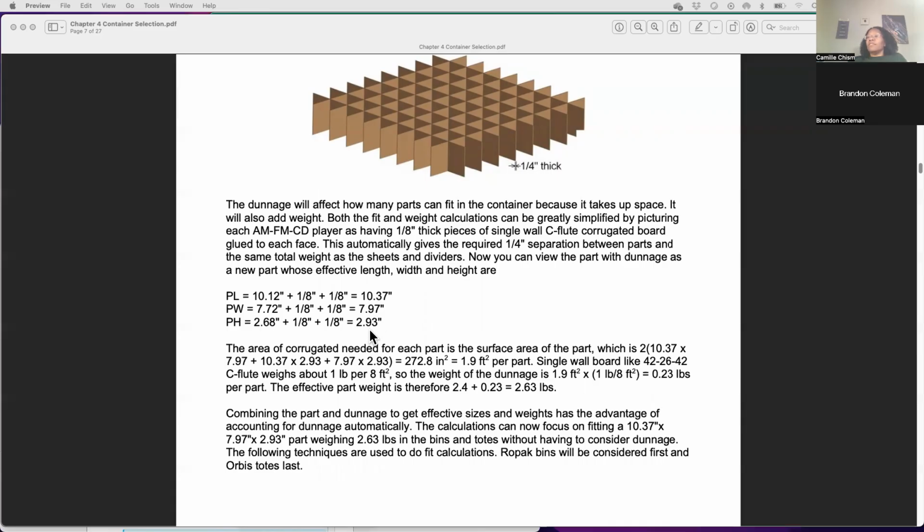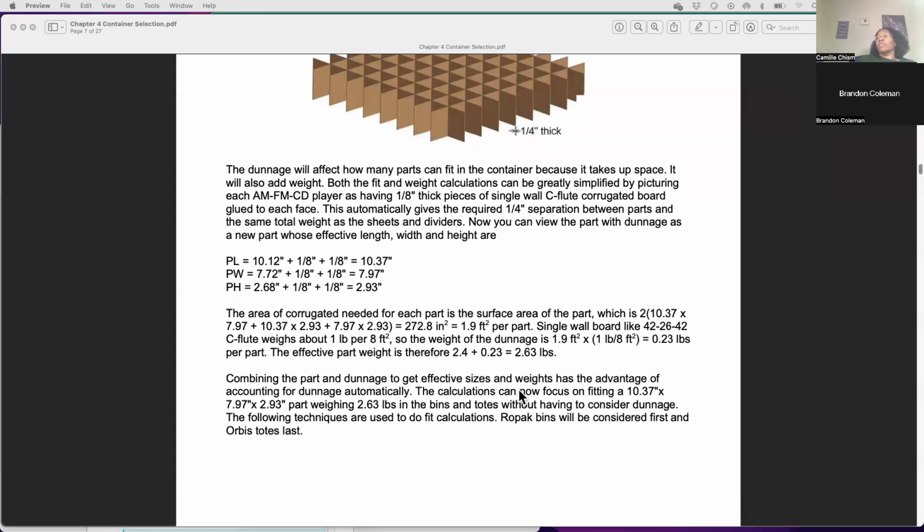So you are basically calculating the area. So now you've got basically your square footage. You did the inches and you converted it to square feet. So this also tells you how you calculate the weight of the dunnage. And you're coming up with 2.63 pounds.